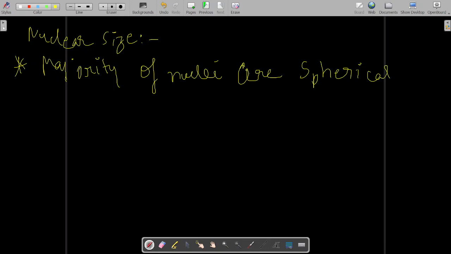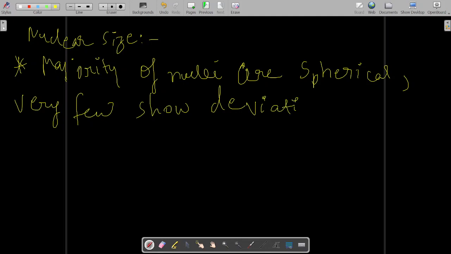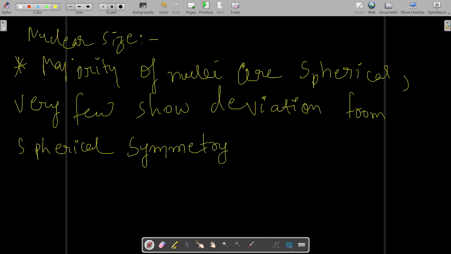Very few show deviation from spherical symmetry. So the majority of nuclei are spherical and very few show deviation from spherical symmetry.